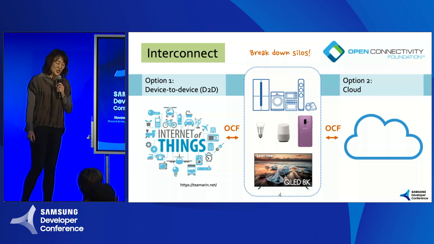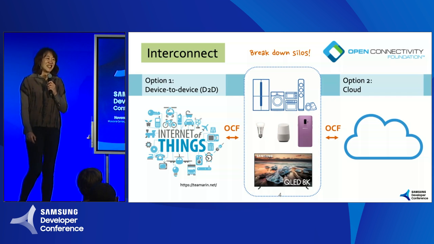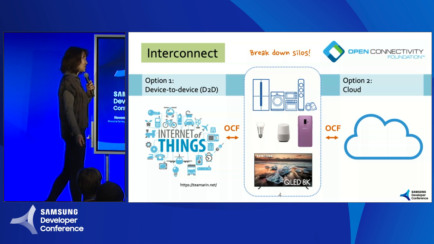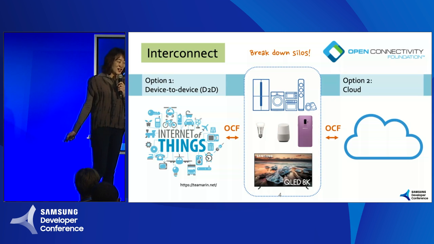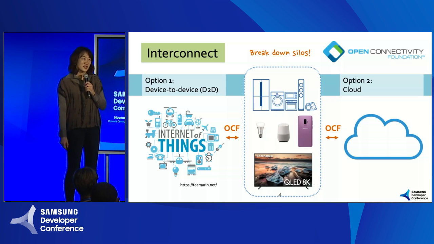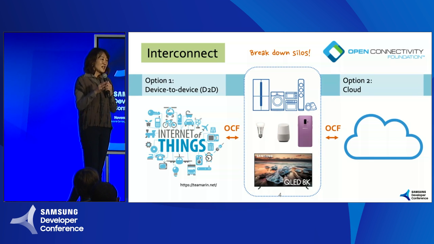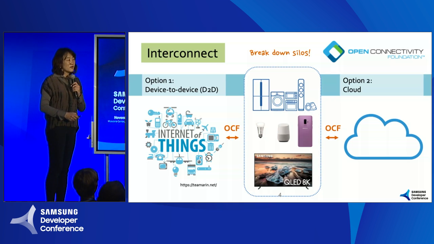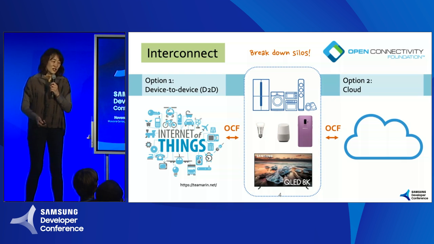And one of the issues with IoT, which has been preventing it from being present in all your houses, was that there have been so many silos, right? The clusters of devices couldn't really talk to the other clusters of devices. So what's really important is to follow a standard so that all the devices can talk to each other.